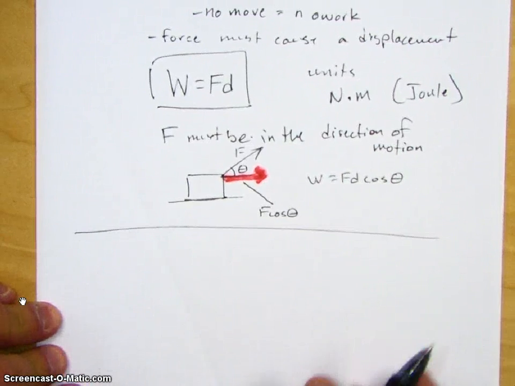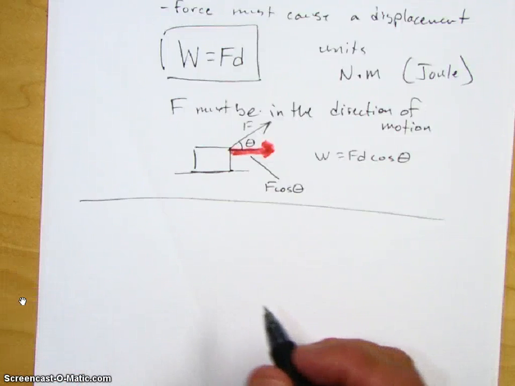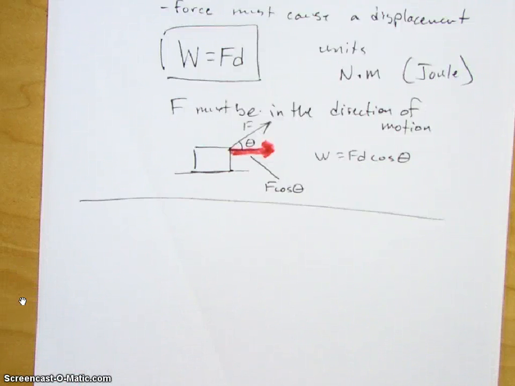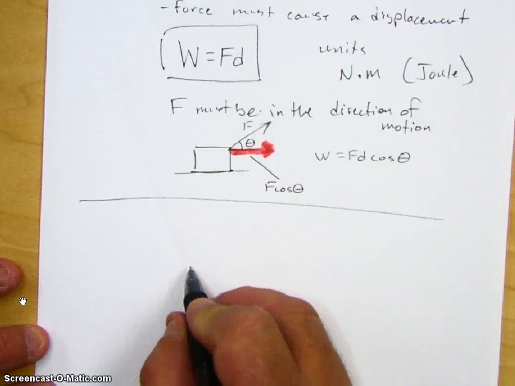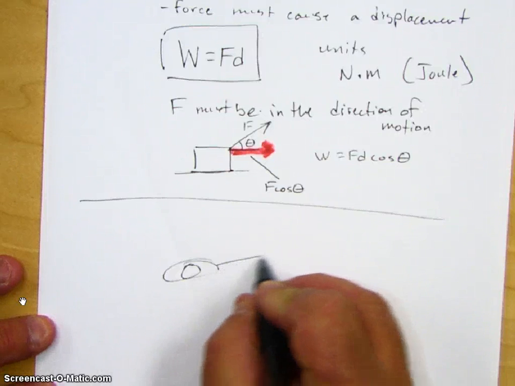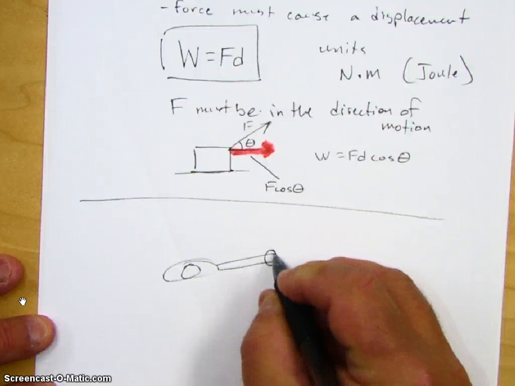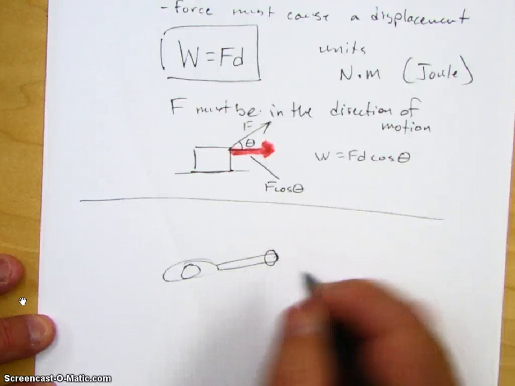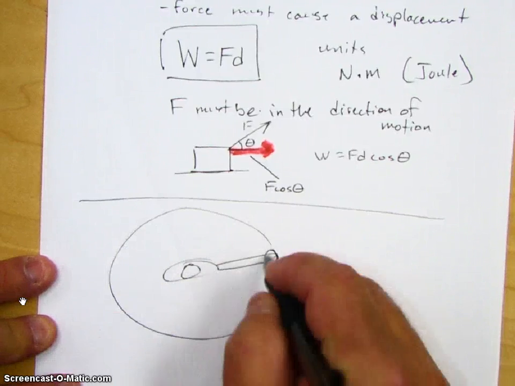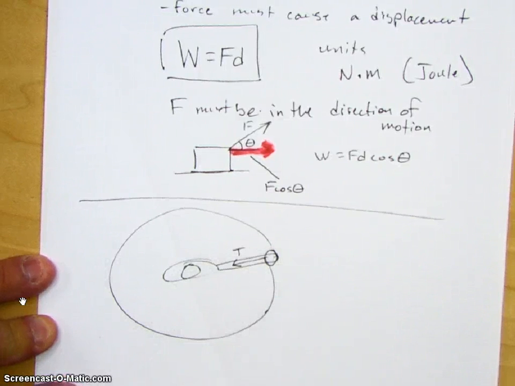Key thing that I'll throw in here is the fact that if you have something moving in a circle, let's say a discus thrower throwing a discus. This is the top view, that's his body, that's his head, here's his arm like this. It's got the discus cradled in his hand like that, and they're spinning around in circles like this. There's a tension being applied inward on the arm.